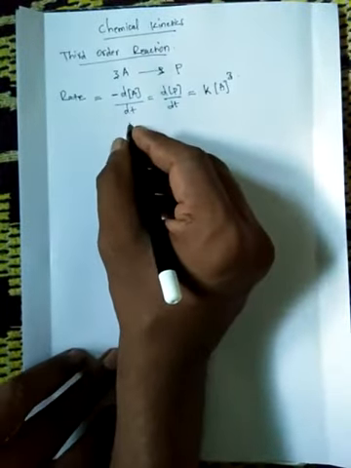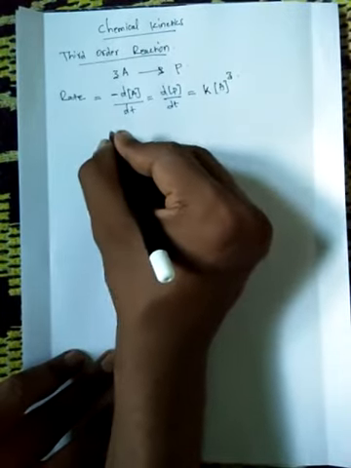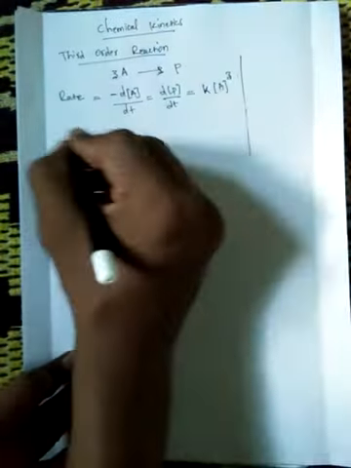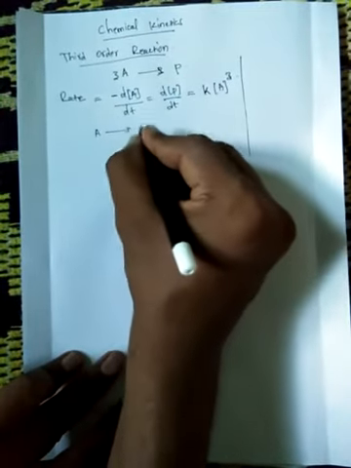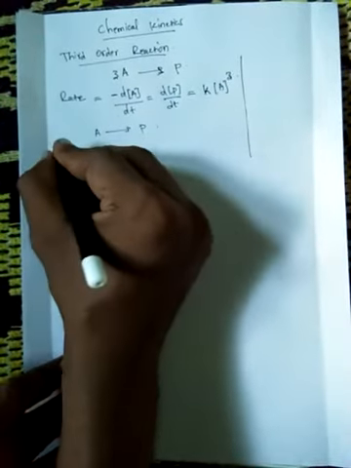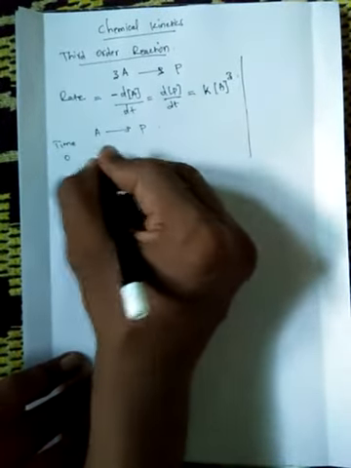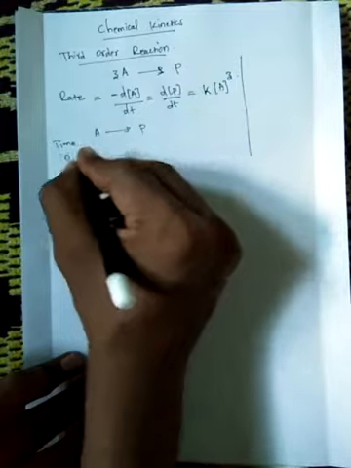And as usual, A is converted into product. At time t0, the reaction is not started.